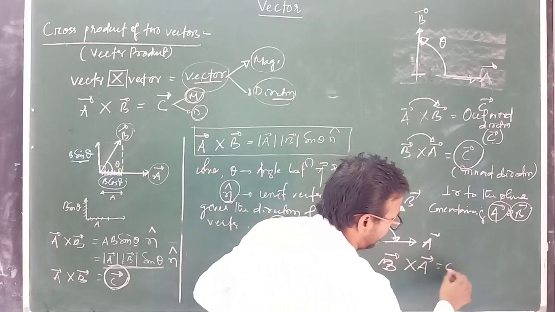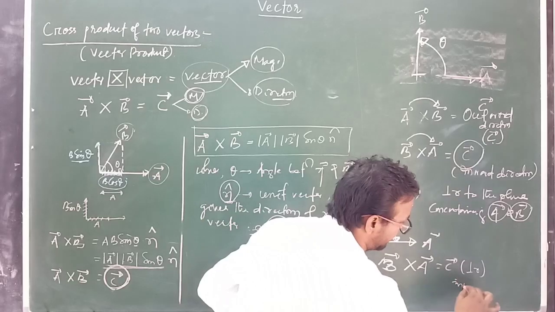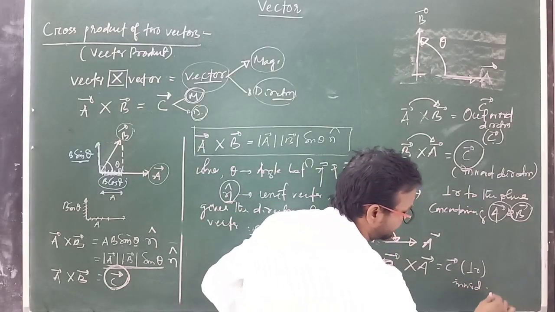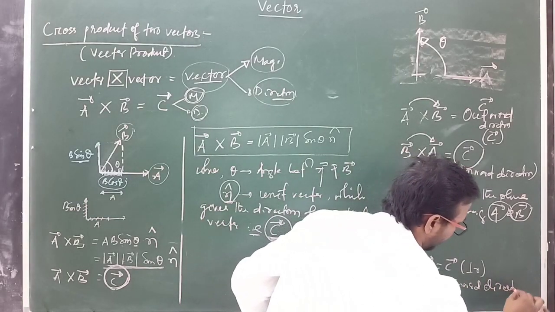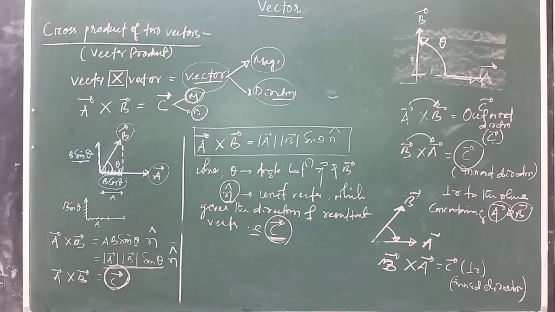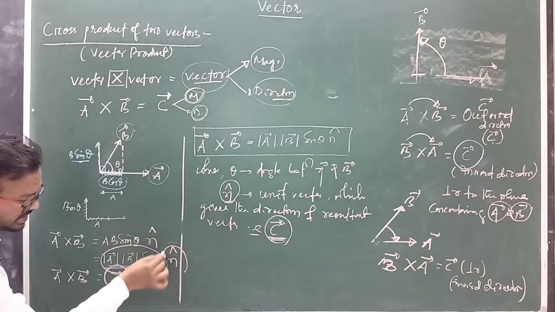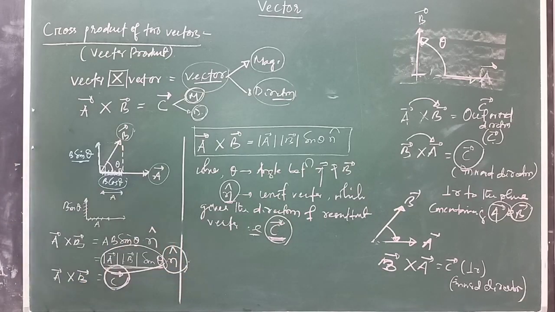So here you can write C vector, and it is always perpendicular, and here that is inward direction. Clear? So direction is important here. So this is the magnitude of the resultant vector and which indicates the direction of this resultant vector.